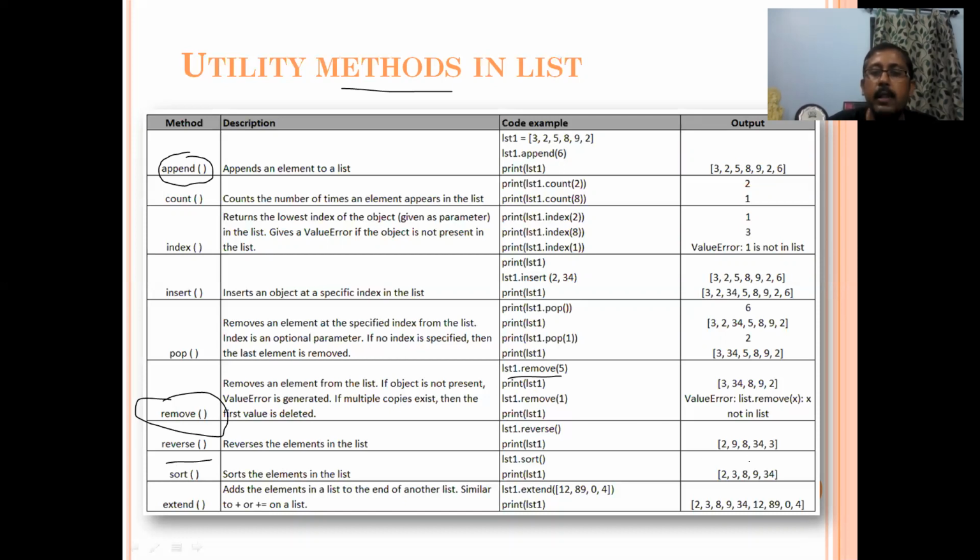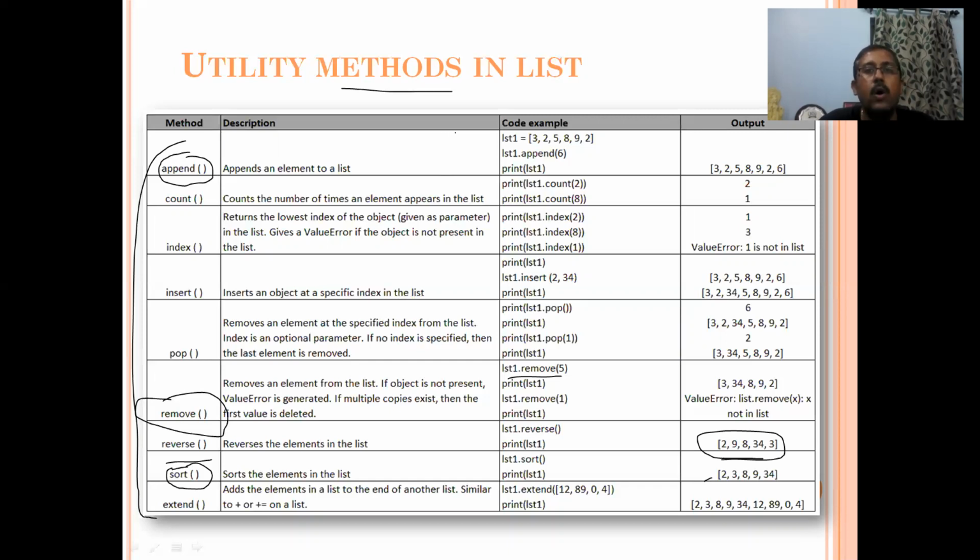Say for example, this one is in a particular sequence, you want to reverse the sequence, you use the reverse function. Sort, you want to sort the elements, but the elements need to be of a number data type. So if you want to sort, you can use the sort function. So like this, you have a set of utility functions for the list data type, and you can use them for doing different manipulations, right?